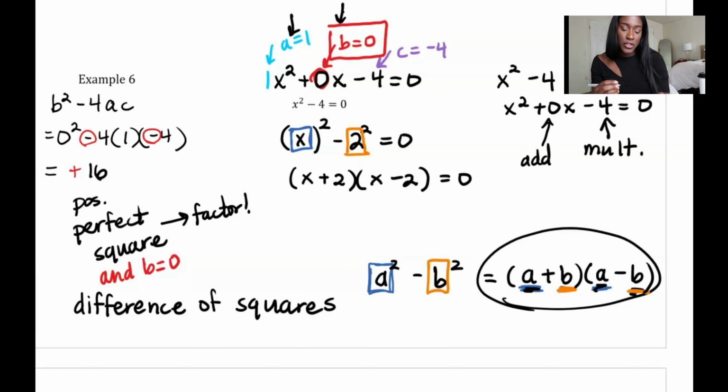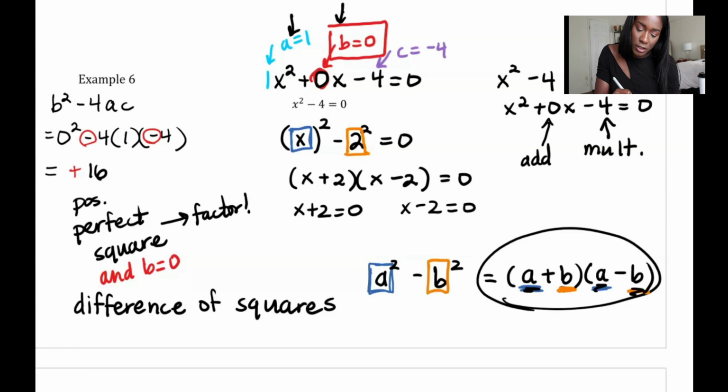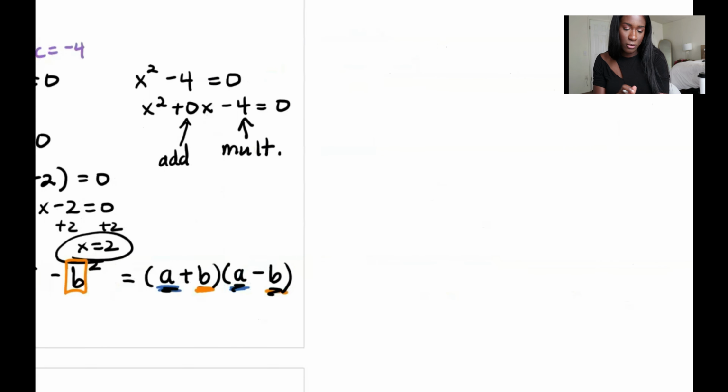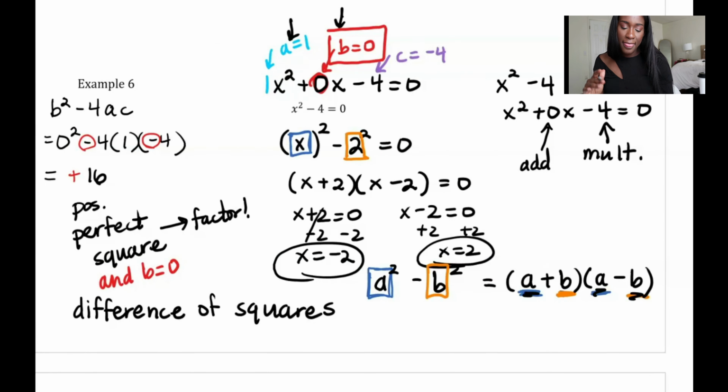Once you have your factors, set both your factors equal to 0. I'll solve both of these equations to get that x is equal to -2 and that x is equal to +2. And those are our two solutions there. And that concludes example 6.